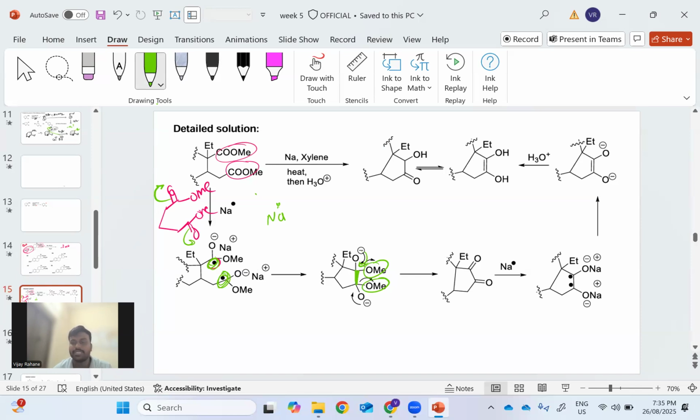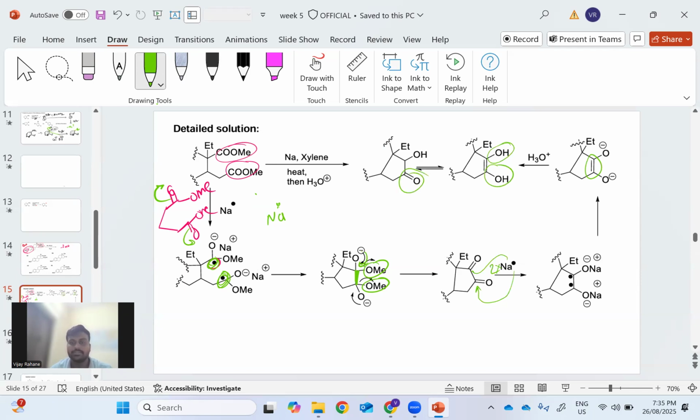And once this ketone is formed, again there are two electrophilic positions. The two equivalents of the sodium provide the electrons, right? So one electron goes here and another electron goes here. So again, it forms a similar sort of radical. And once this radical forms, it forms a double bond here. And this double bond then tautomerizes.